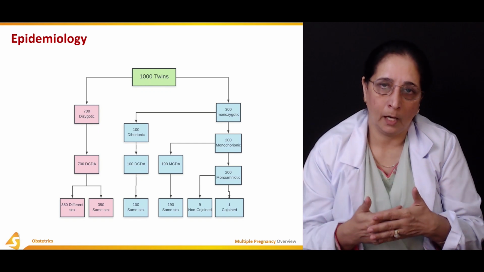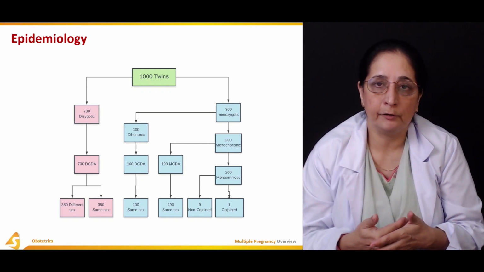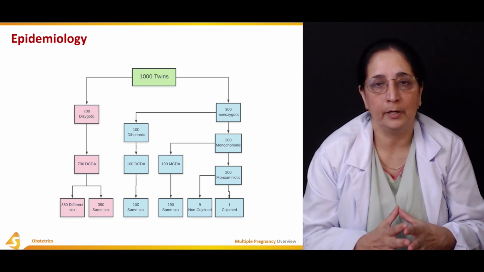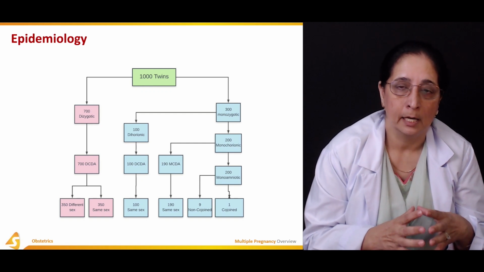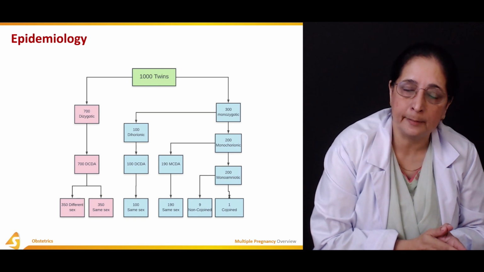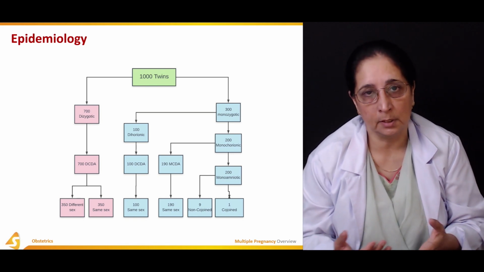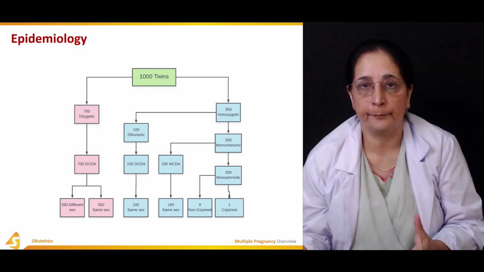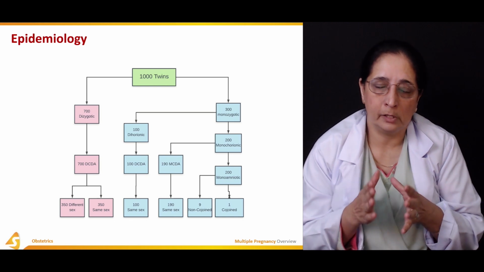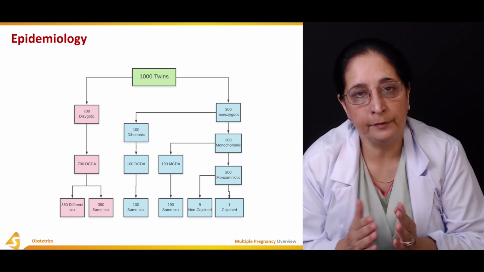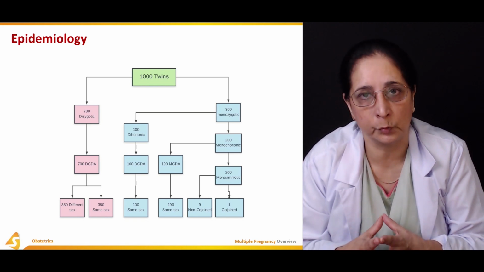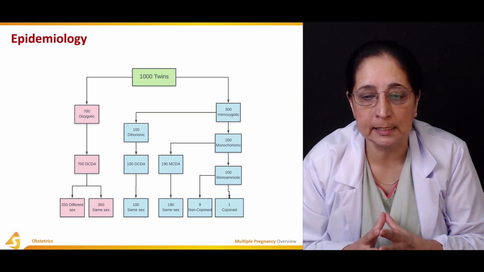So out of 1,000, 700 are dizygotic, all of them dichorionic, diamniotic, and out of these 700, half of them will have the same sex, two boys or two girls, or half of them will be different sex, one girl and one boy. So that's the likelihood, about 50%. Then the other case: 300 are monozygotic, the identical twins.